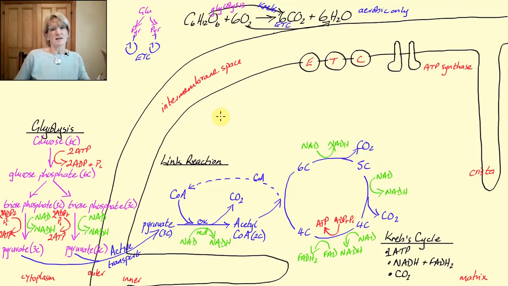But hopefully it makes sense that for us to get electrons from the hydrogen atoms, we need to split those hydrogen atoms to form hydrogen ions or protons and electrons. So notice I'm not trying to balance anything here. I'm simply trying to show you that the hydrogen atoms being carried by these coenzymes are split to form protons or hydrogen ions and electrons.